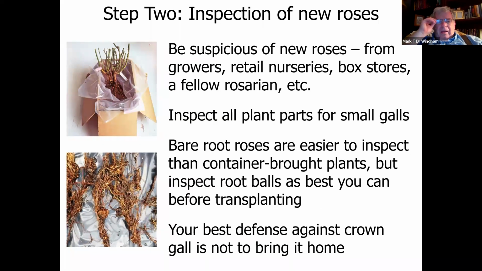Now, step 2 is to inspect. I am suspicious with all new roses. I will have 1,200 new roses showing up at the Crossville Experiment Station somewhere around the second week of May, and we'll be putting them out pretty quick.